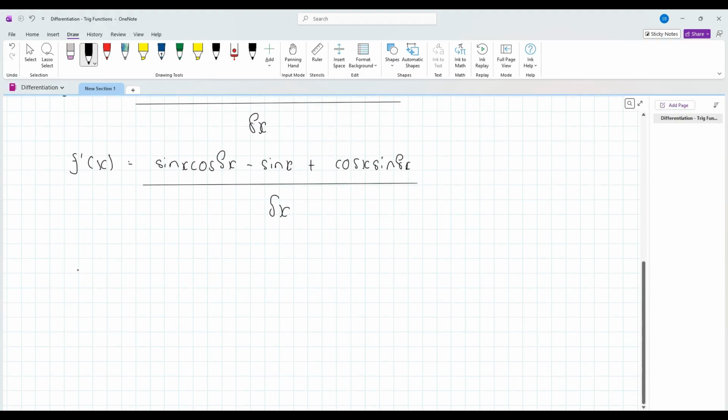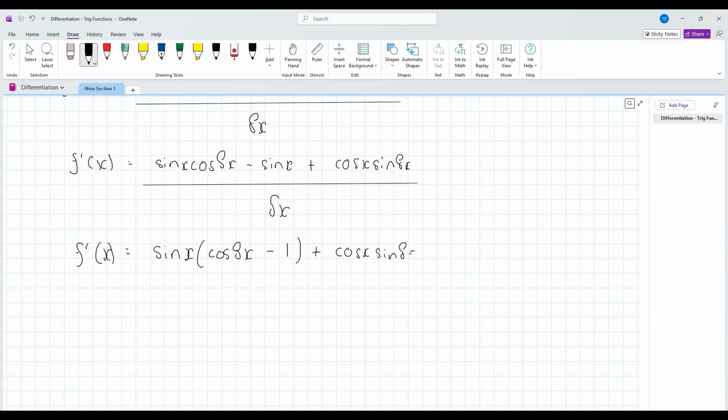So factoring this would be f dash of x equals sin x, cos delta x minus 1, plus cos of x sin delta x, and this is all over delta x.